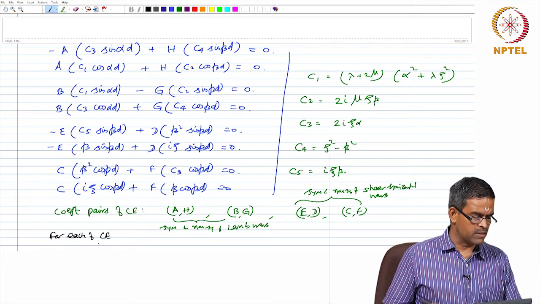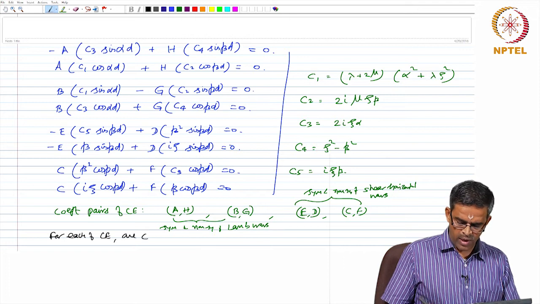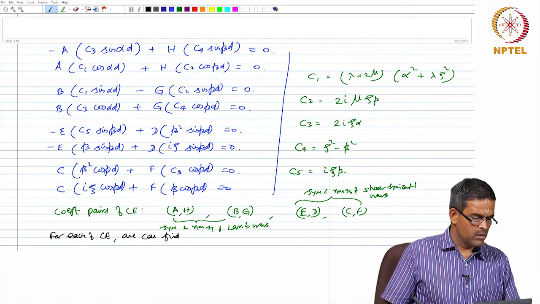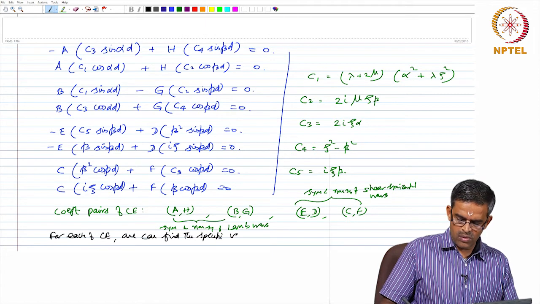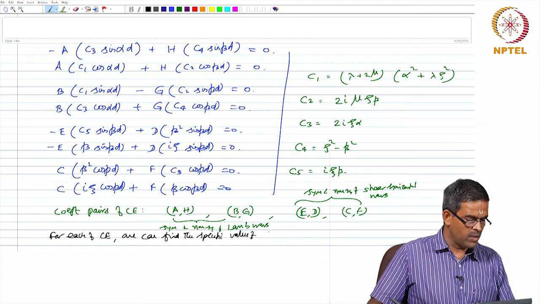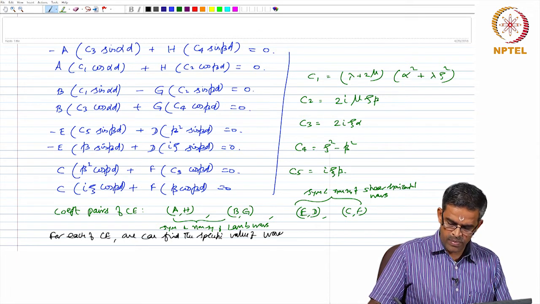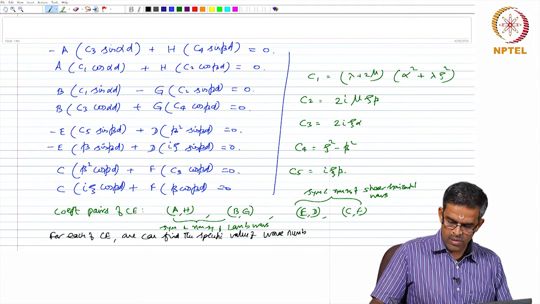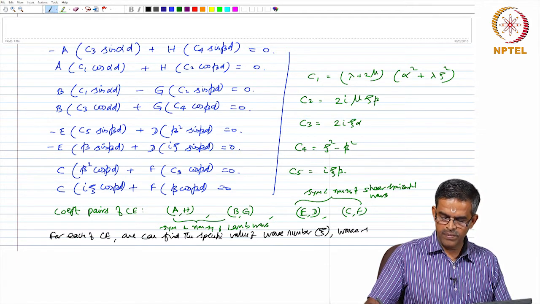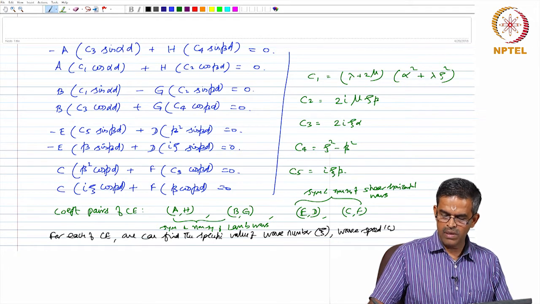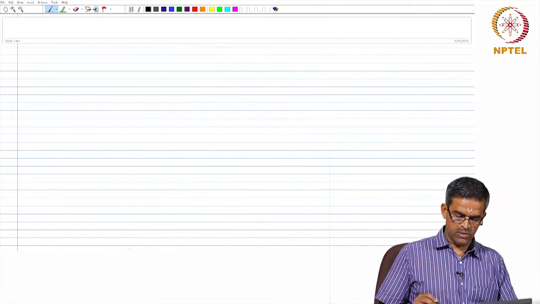For each of the characteristic equations, one can find the specific value of wave number, wave period and wave speed, and that gives a solution for these equations.